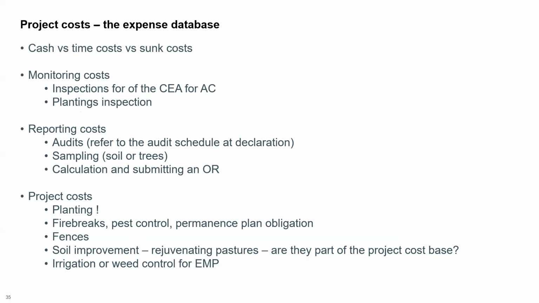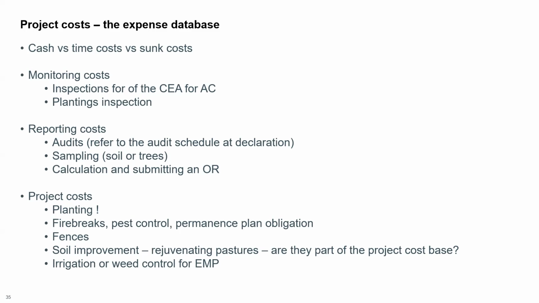Just a few of the calculation categories here. Remember cash versus time costs. Talk to you about that. Monitoring costs, we've mentioned. Reporting costs, we've mentioned all of those. Sampling, solar tree, we've mentioned something for trees.